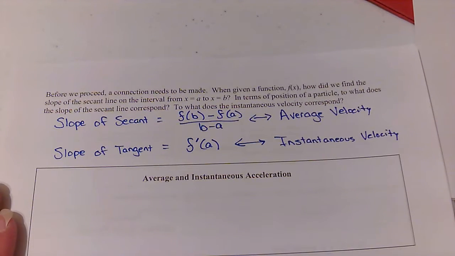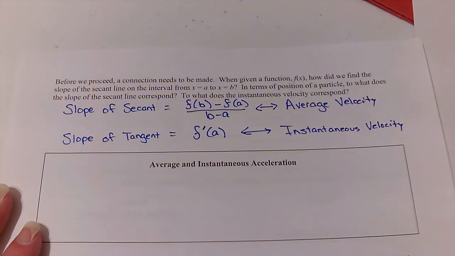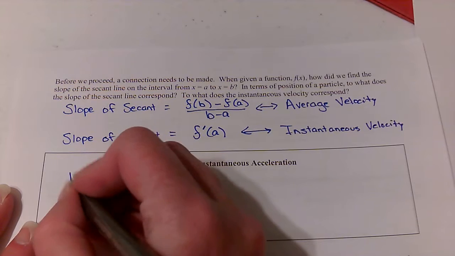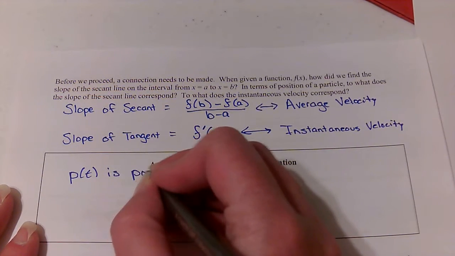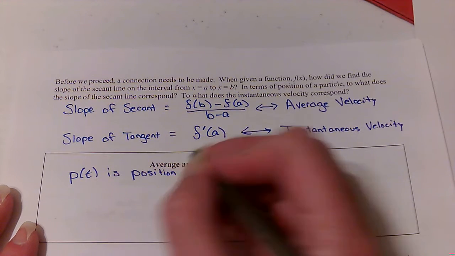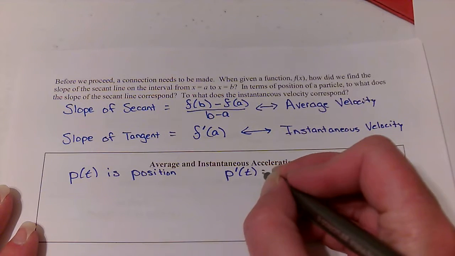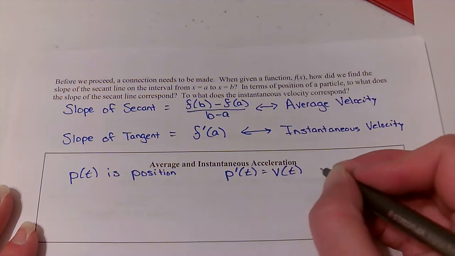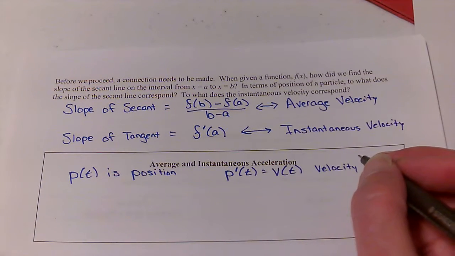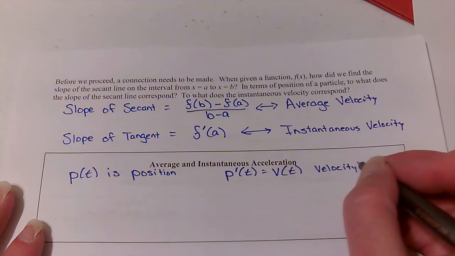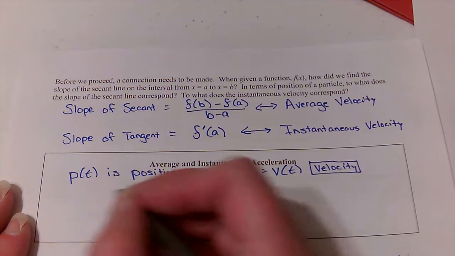So what does this mean about acceleration? Well, acceleration is our change in velocity. So let's remember, p of t is position, p prime is velocity, so what would be acceleration?